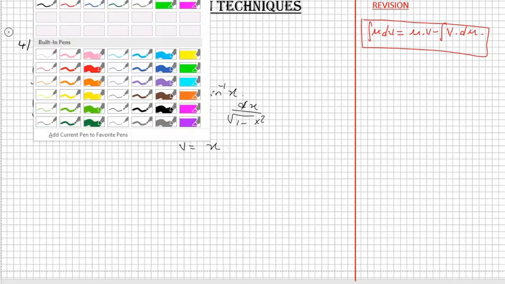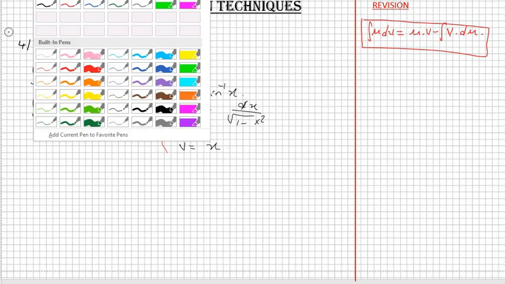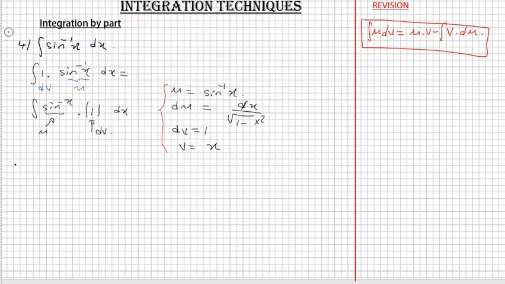Now I have the four elements. I just need to use this formula. The integration of the inverse sine of x dx gives u, which is the inverse sine of x, multiplied by v, and v is equal to x.